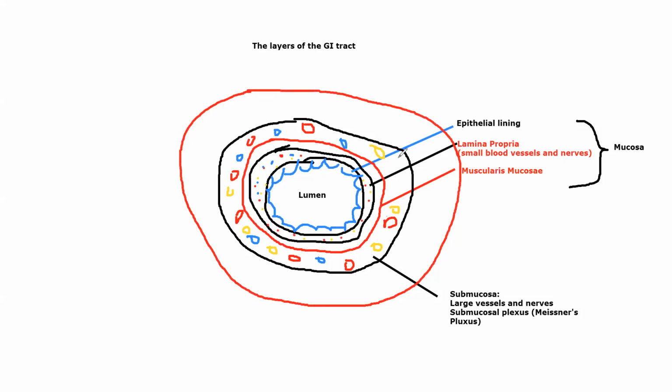And this is a thicker layer of smooth muscle tissue, which we call the muscularis externa. And that literally translates to the outside muscle, right? So we've got the muscularis mucosa, which is the muscle of the mucosa. And then we've got the muscularis externa, which is the outermost muscle.